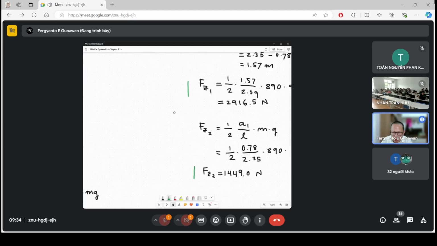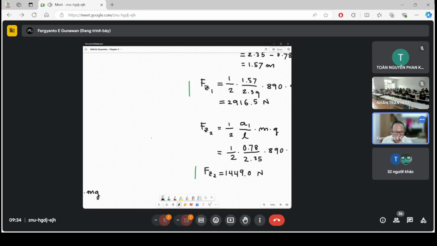Now we can put it together and see what happened to this car. The weight of the car is essentially M multiplied by G, which is 980 times 9.81, and the weight is 9613.8 Newton.